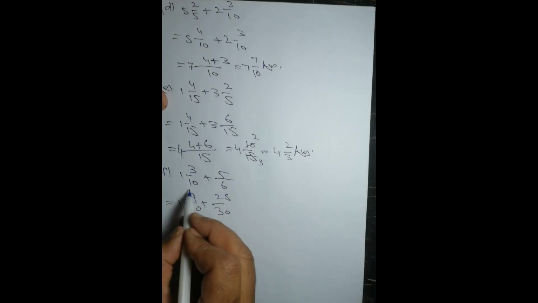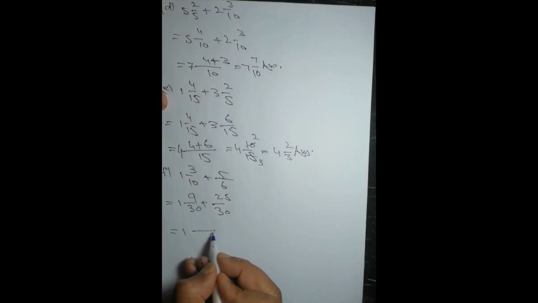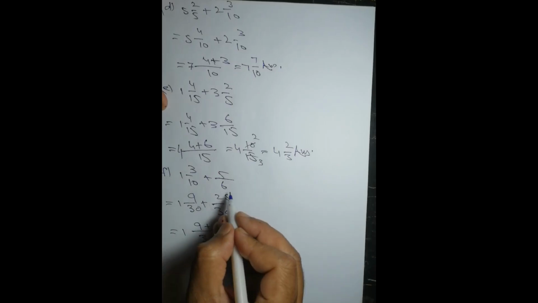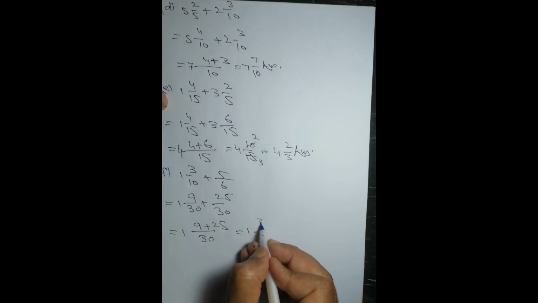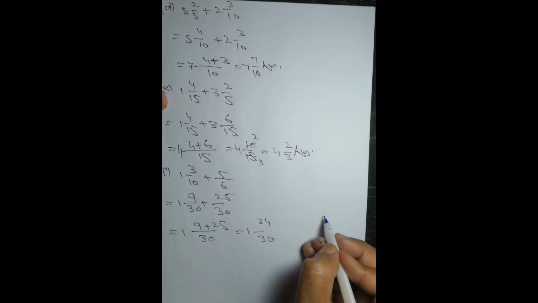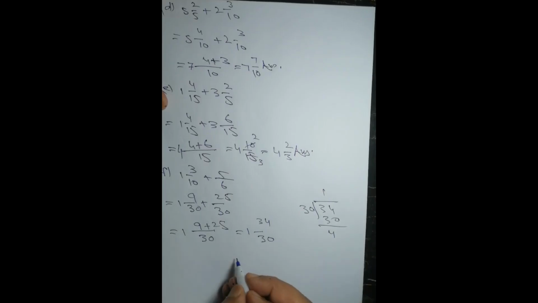So now 1 whole, 30 is the LCM, 9 plus 25, that is equal to 1 whole 34 over 30. This is 1 plus 1 whole 4 by 30. This can be simplified now. 2 2s are 4, 2 15s are 30, that is equal to 2 by 15. So we can write 2 whole 2 by 15.